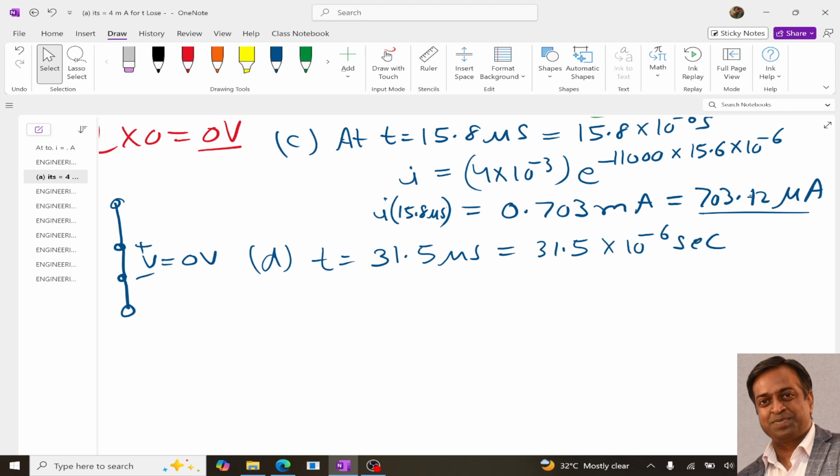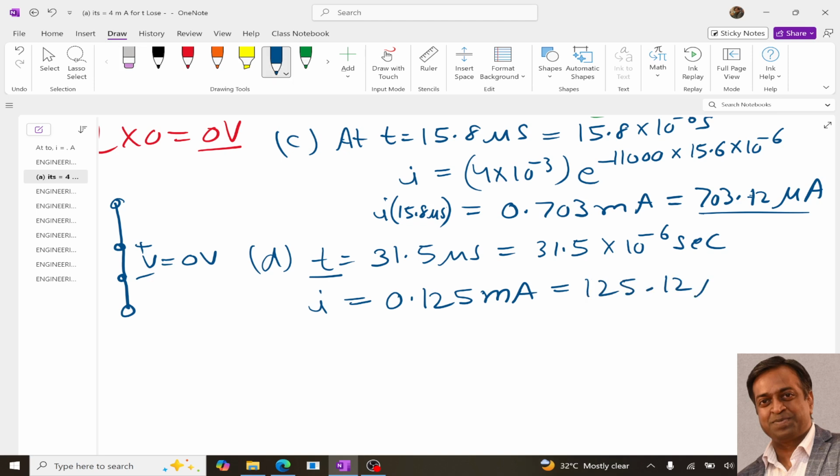If you substitute the value in the expression of the current, you will get 0.125 milliampere, or 125 point something microampere, right? So this is the answer to the D part, where t equals 31.5.